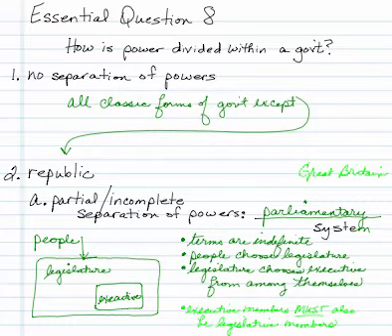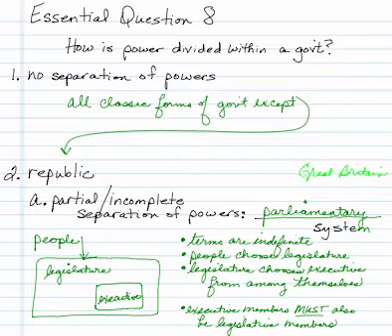And so what you end up with is executive members must also be legislative members, because you can't get to the executive without going through the legislature.